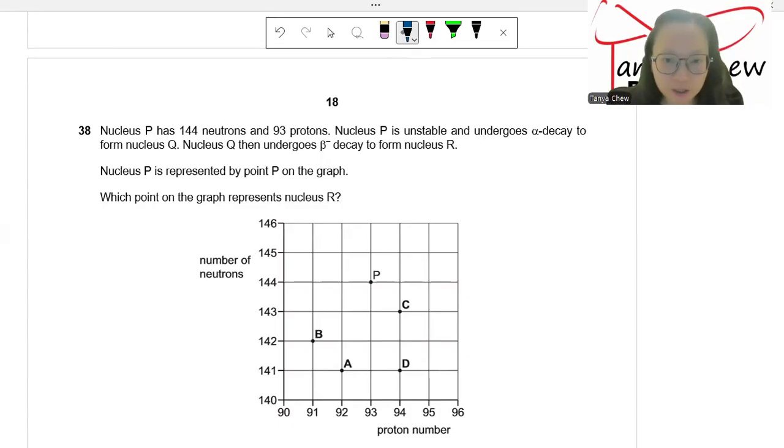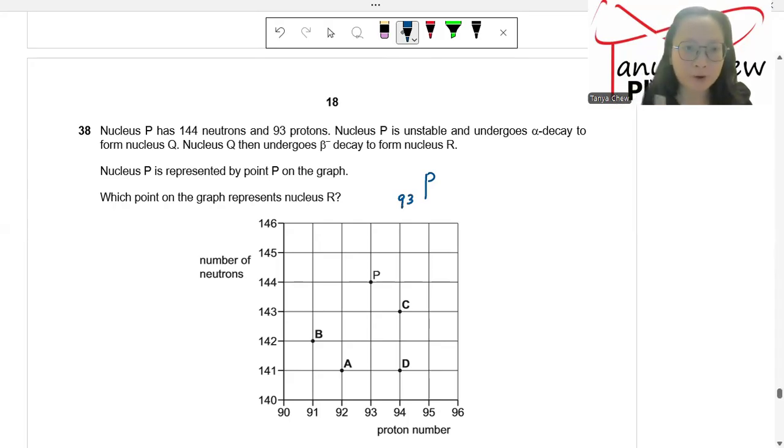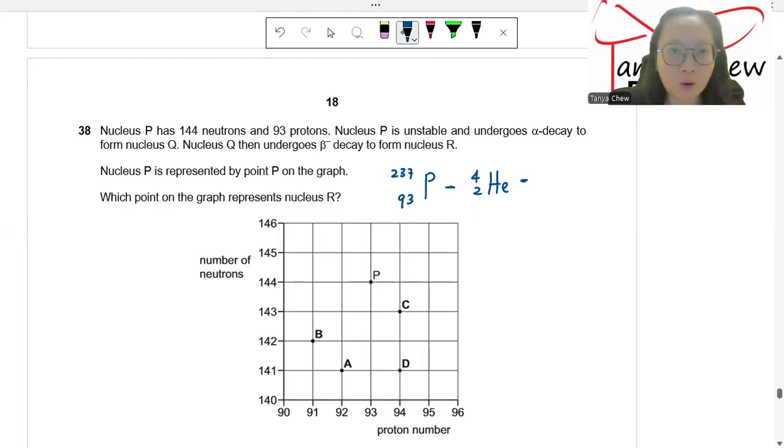So nucleus P is here, 93 protons, right? To find the nucleon number, you take the neutron number, 144, plus the proton number, 93. This is 237. Then it undergoes alpha decay, 4 over 2 He, and beta negative decay to form R.